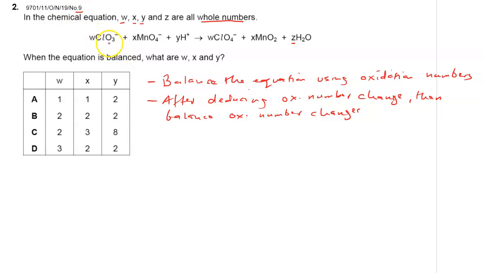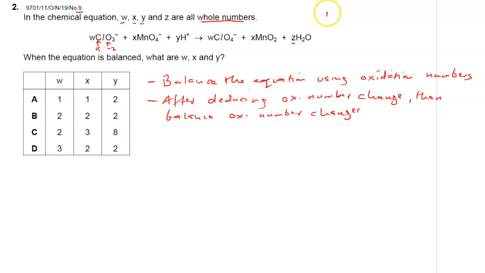Of course, the oxidation number of oxygen is -2, and therefore if this is 3 and this is an ion here, then you can calculate the oxidation number of chlorine here. Let me call this oxidation number of chlorine K, so that we don't confuse.